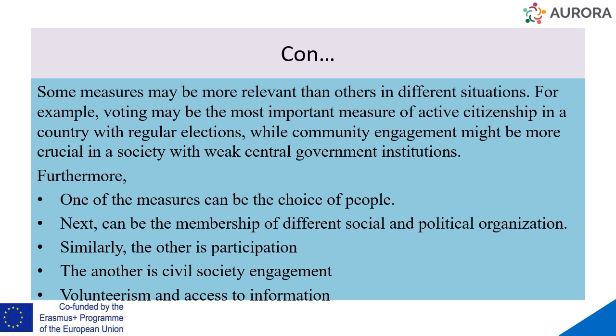Taking membership of a political organization itself is not wrong, but it becomes wrong when they are involved in unethical and corrupted, illegal activities. Similarly, the third measure is active participation, meaningful participation.